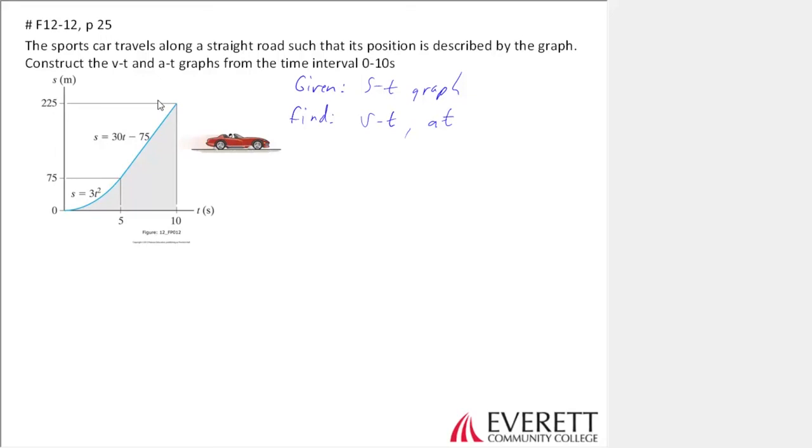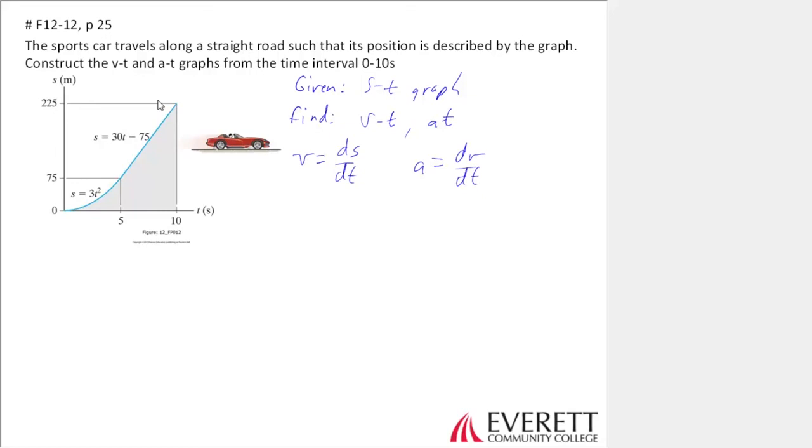Are we using a derivative or an integral relationship? To go from S to V, yes, you're right, we are using derivative. We're using the easy one. We're using the derivative relationship because velocity, which we want to find next, is equal to ds dt, and acceleration is equal to dv dt. Derivative relationship.